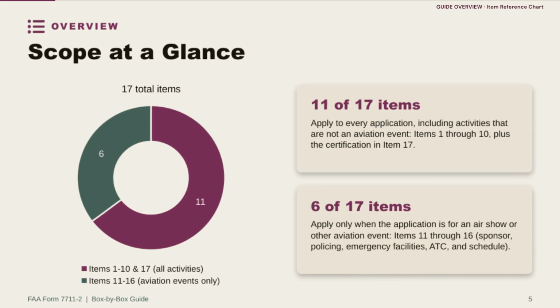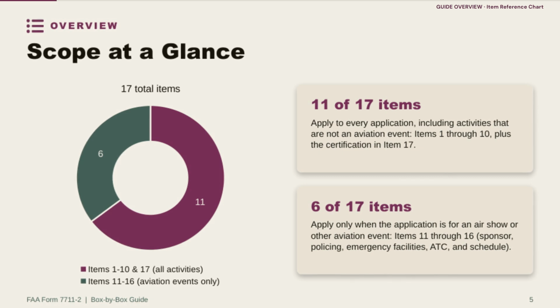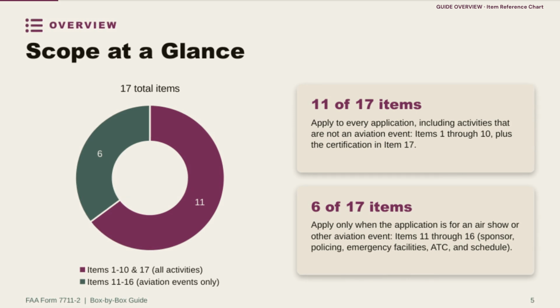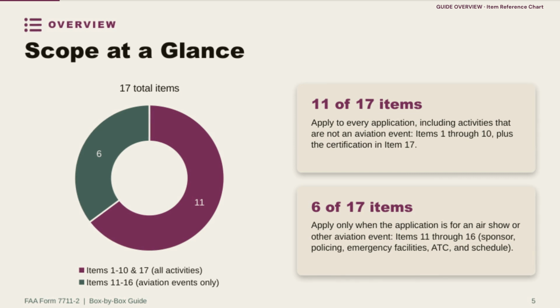This chart breaks down the 17 items on the form by when they apply. 11 of the 17 items apply to every application, including activities that aren't aviation events at all. Items 1 through 10 plus the certification in item 17. The remaining 6 items, 11 through 16, only apply when the application is for an air show or another aviation event.